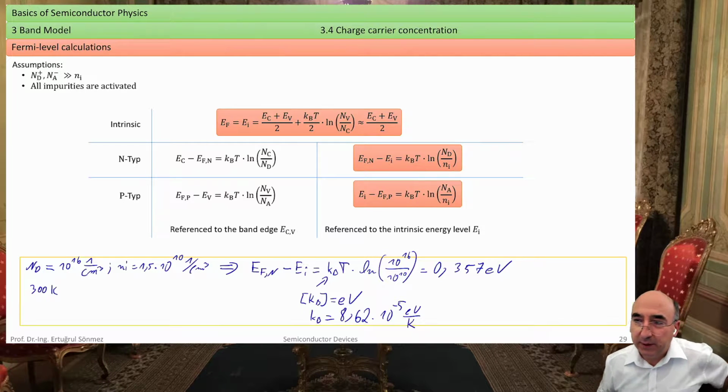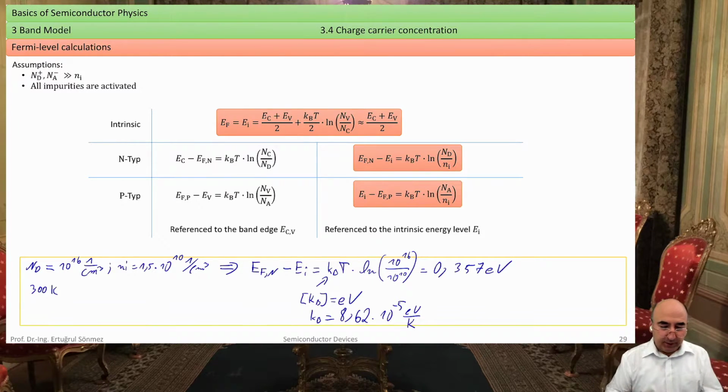Okay, can somebody confirm this result? I just take my very fancy pocket calculator and start the very fancy pocket calculator. You know this pocket calculator? It's an HP pocket calculator.